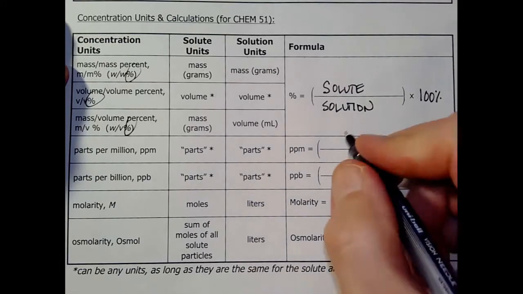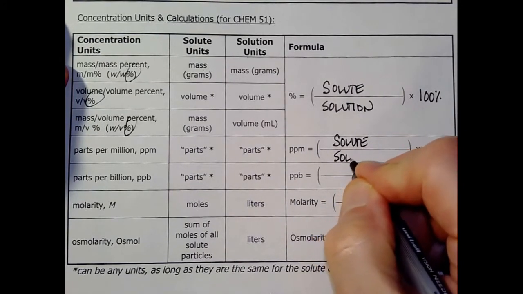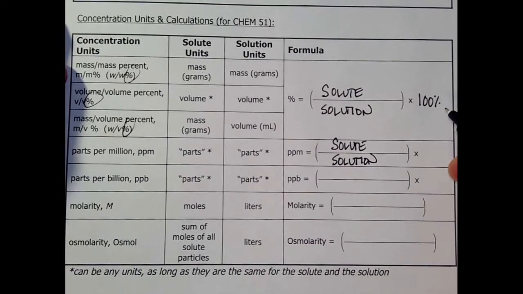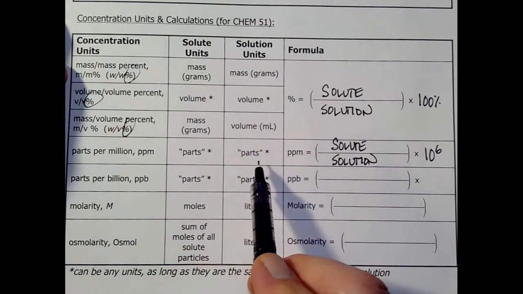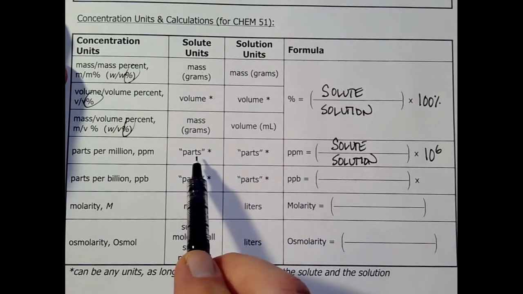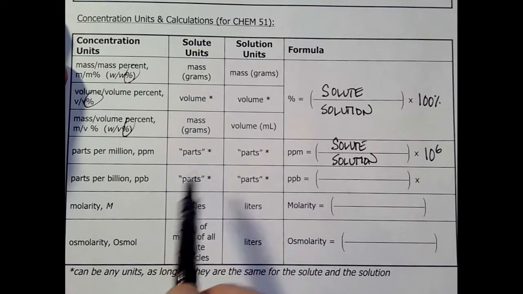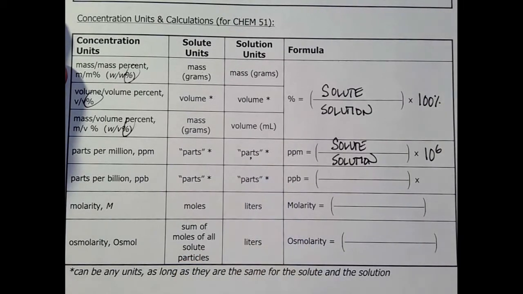What if I had solute over solution, and instead of percent, somebody said, well, what is it per million? I'm going to multiply it by 1,000,000. So when somebody says parts per million, they mean parts of solute divided by parts of solution. And this can be any units, grams, kilograms, micrograms, moles, no, it can't be moles, divided by the exact same units in the solution.